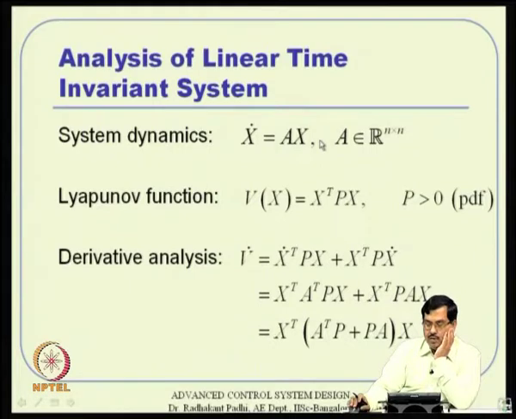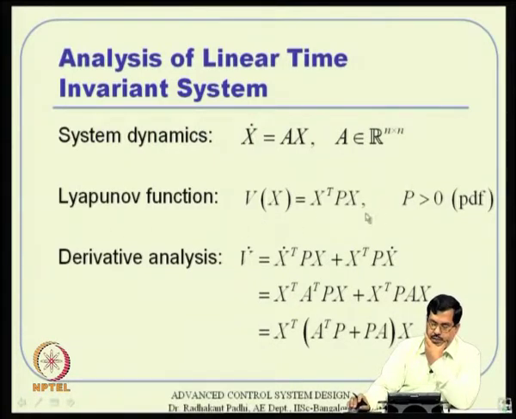We are interested in applying the same thing to the linear system x dot is A x, where A is just a constant matrix. Remember, nonlinear systems by definition include linear systems, so anything valid for nonlinear systems is also valid for linear systems. So, I want to verify whether my concepts are right or wrong, and it will give me some other tools to analyze and exploit in control design later.